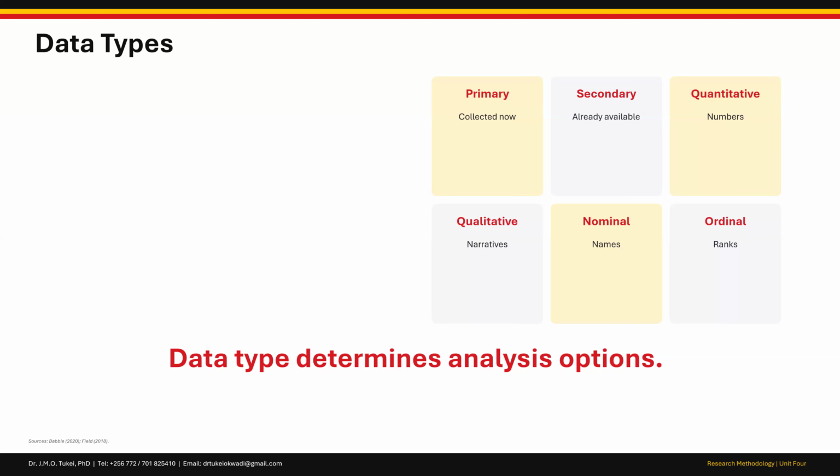A survey of students' financial literacy may collect primary quantitative data using a questionnaire, while a policy review may use secondary qualitative data from reports and institutional documents. Yes, this is what you ought to understand.